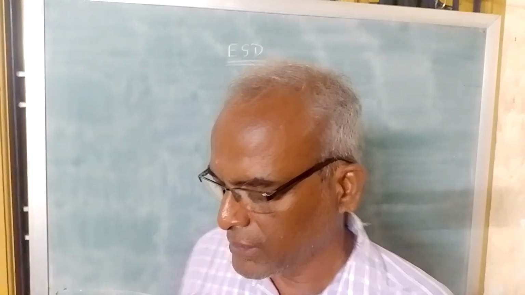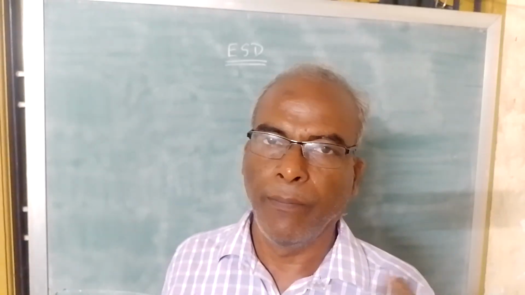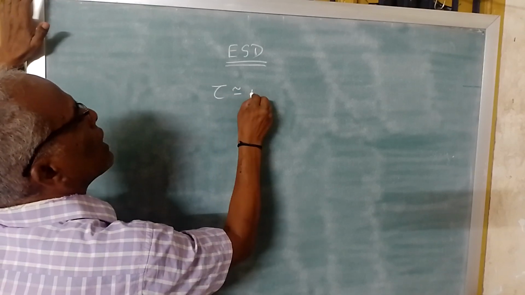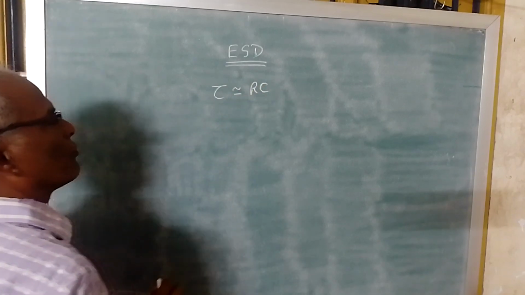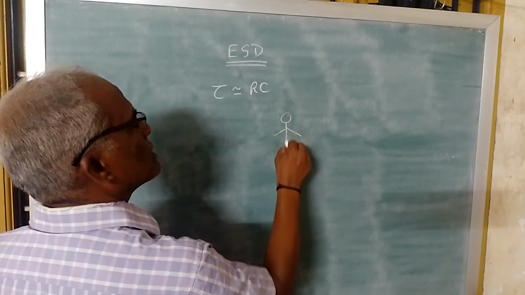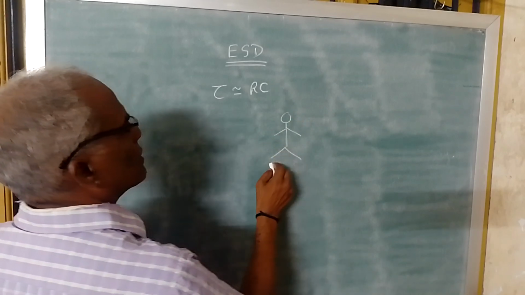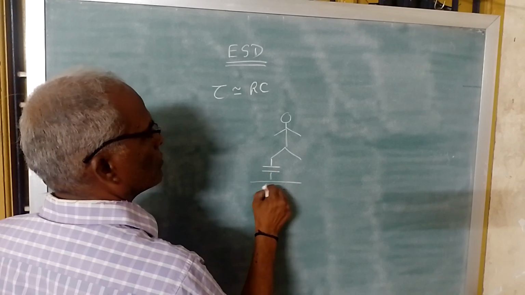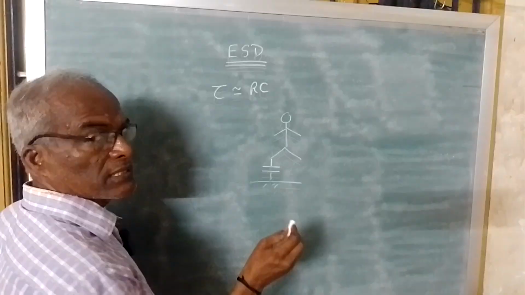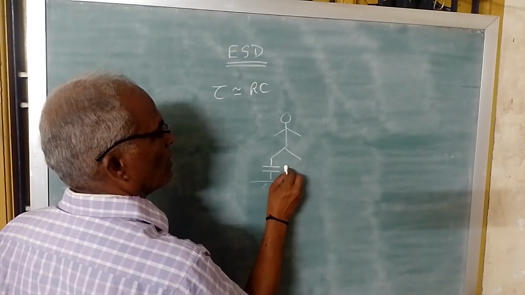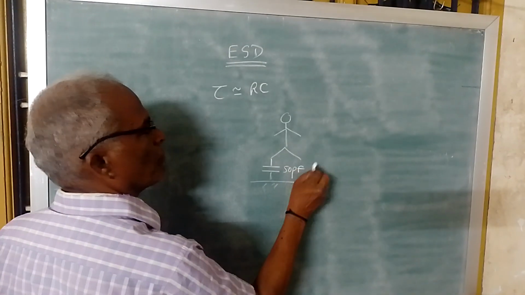So the idea is the time constant is important. So we all know that tau is approximately equal to R into C. So in the human body model, we all know that the capacitance to the ground through our legs with shoes is roughly say 50 picofarad to 100 picofarad.